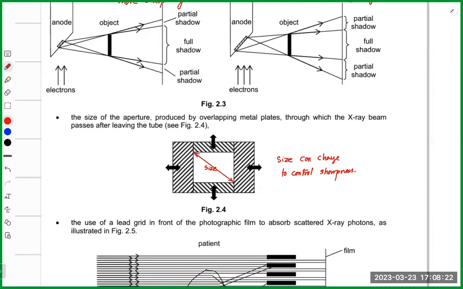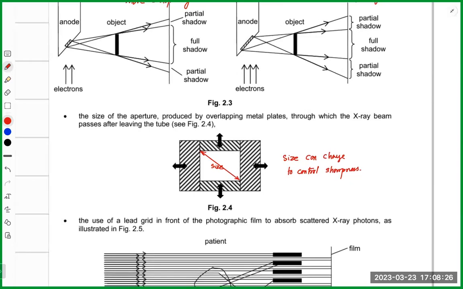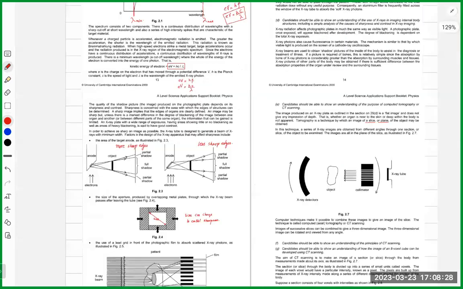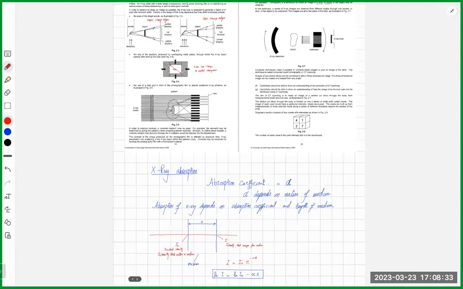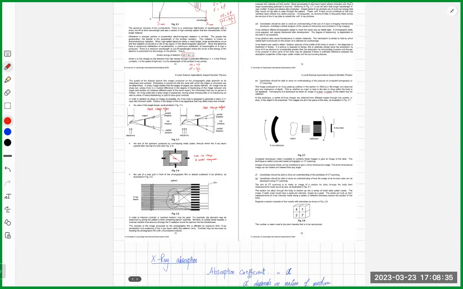Now, one more thing is called contrast. Contrast means how different the white part of the X-ray is from the dark, black part. If white is very white and black is very black, that is very high contrast.